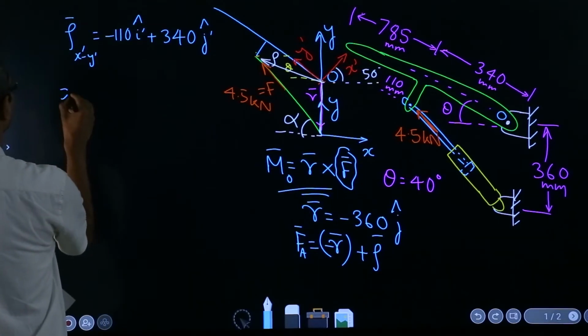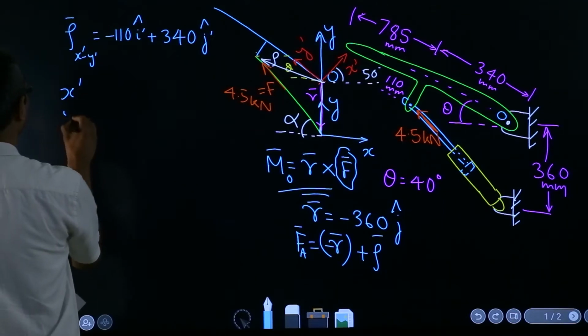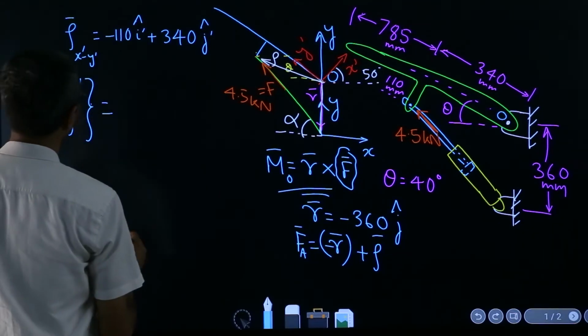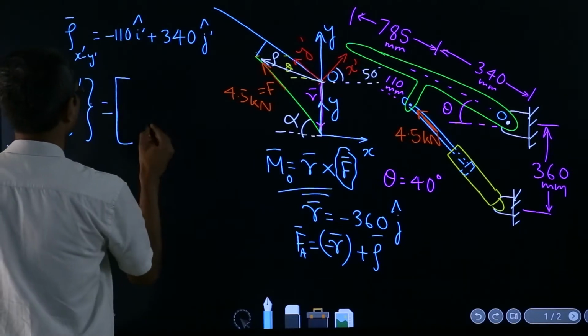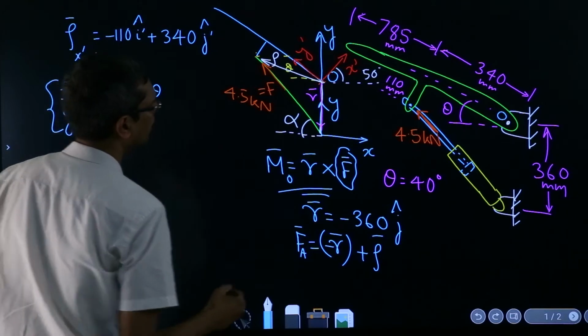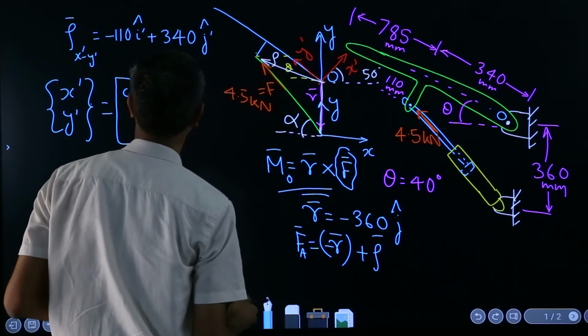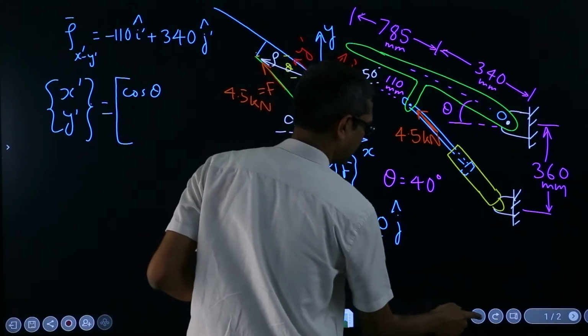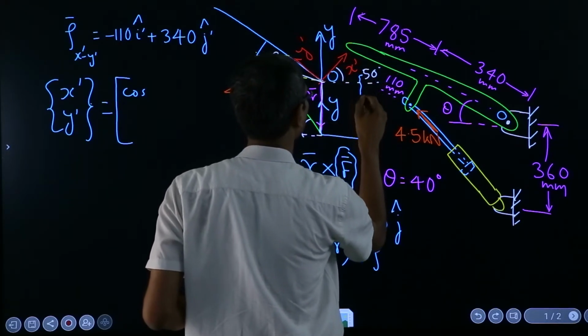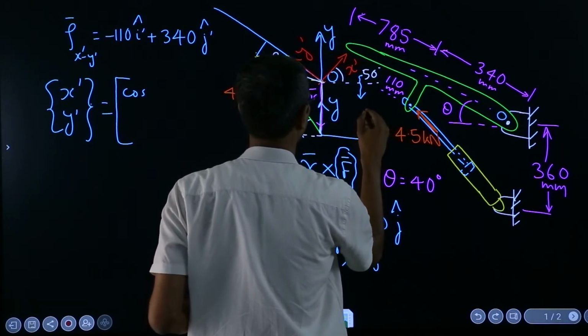x prime y prime is equal to cosine of, I'll not call it theta, suppose this angle, this 50, is gamma.